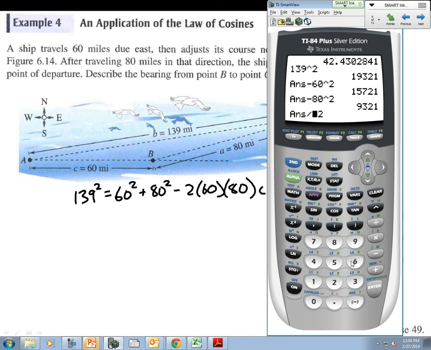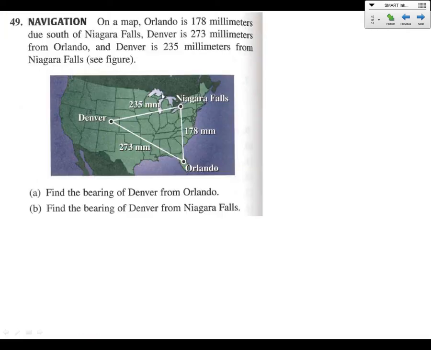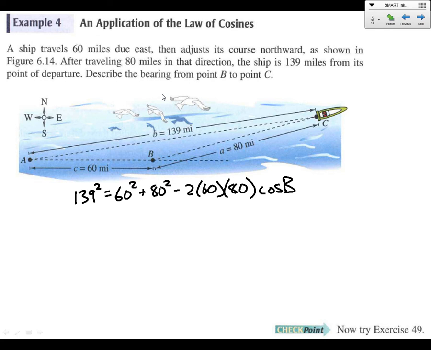Let's put this in parentheses. Negative 2 times 60 times 80. And we get that. And so we'll do the inverse cosine of that. Negative 0.9709. And we get 166.14 degrees. 166.14, we'll just call it 166 for our purposes here.